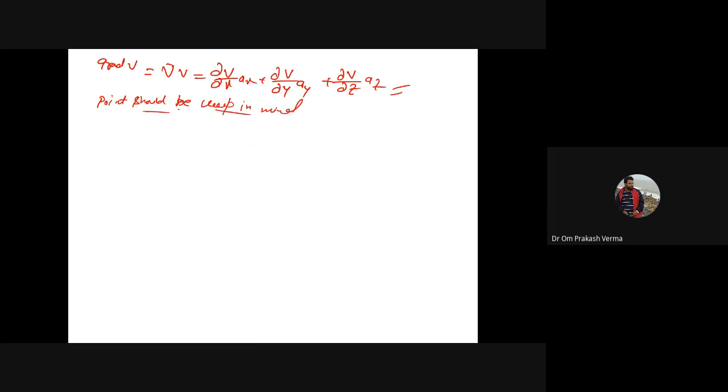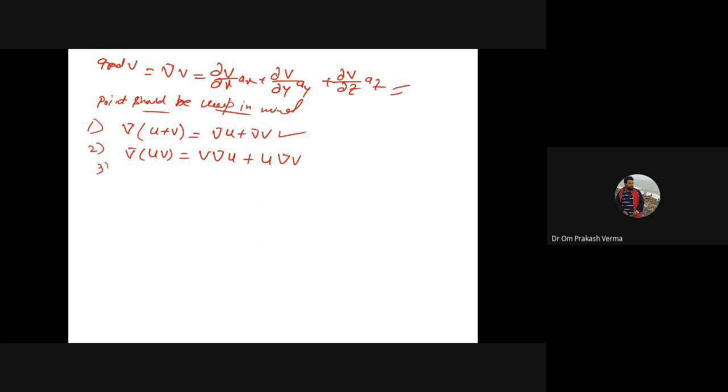What is the first point? It follows the law del of u plus v, the addition law, that is del u plus del v. It also follows the product law: del of u v is v del u plus u del v.